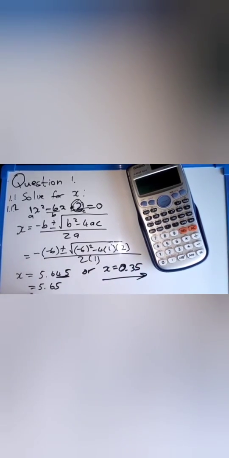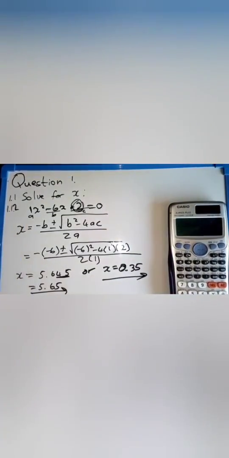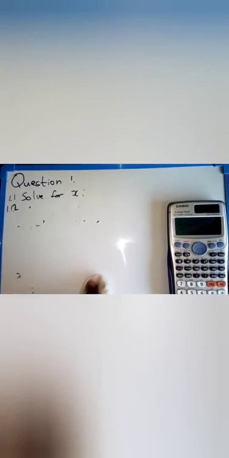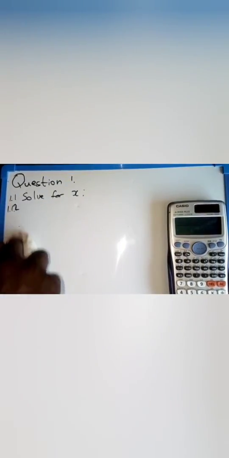So this is my other solution. So this is basically putting everything into your calculator and you get what you want. 3 marks, just easy. Know your formula. It's also on the formula sheet. Just know how to use it. So that will be that.